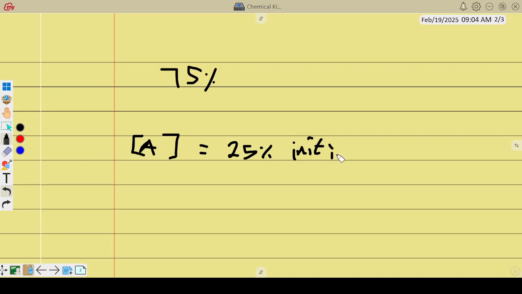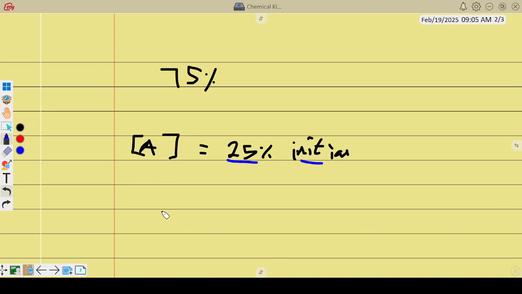Of the initial concentration we started with. So the final concentration is now 25% of the initial. That's one thing you have to take note of.